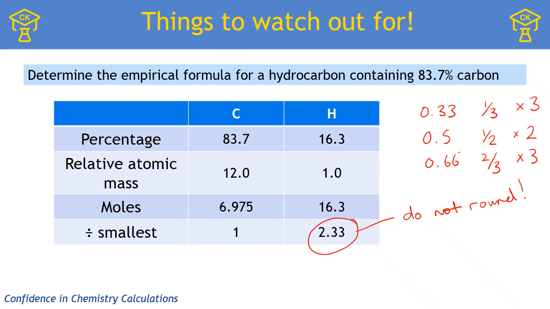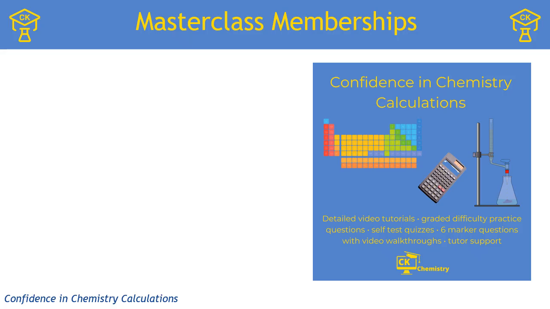So if I take these two numbers and times them both by 3, then my empirical formula is actually going to be C3H7 and not CH2.